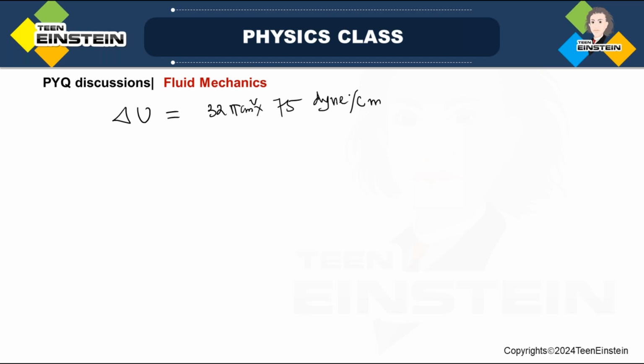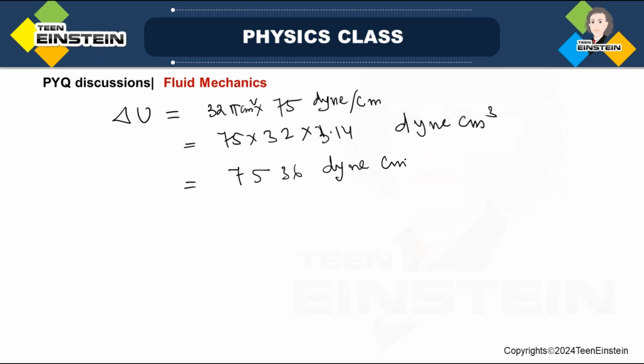This will give you a value of 75 into 32 into pi. Let me take pi as 3.14. This is dyne into centimeter cube, and this value is a really big value like this. This is dyne centimeter cube.